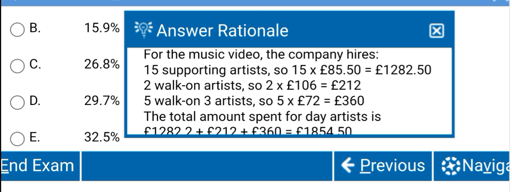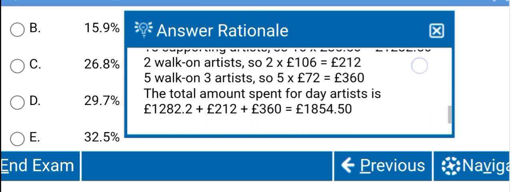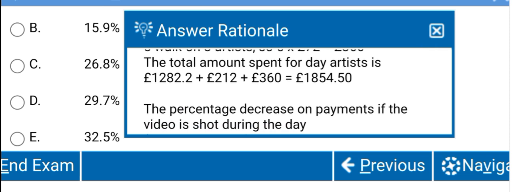The total amount spent for day artists is 1282.50 plus £212 plus £360 equals £1854.50.